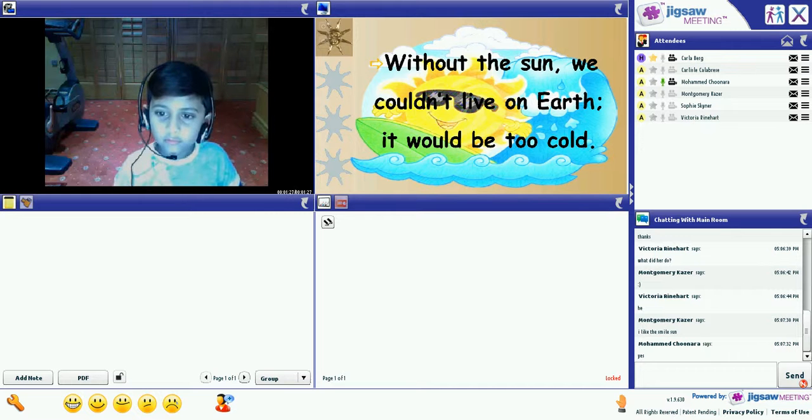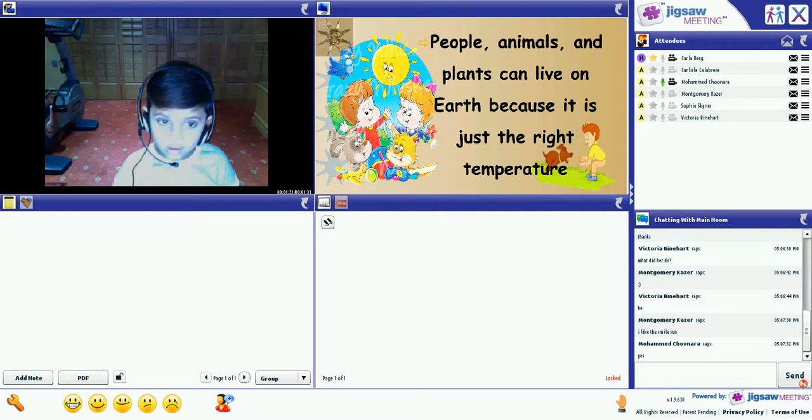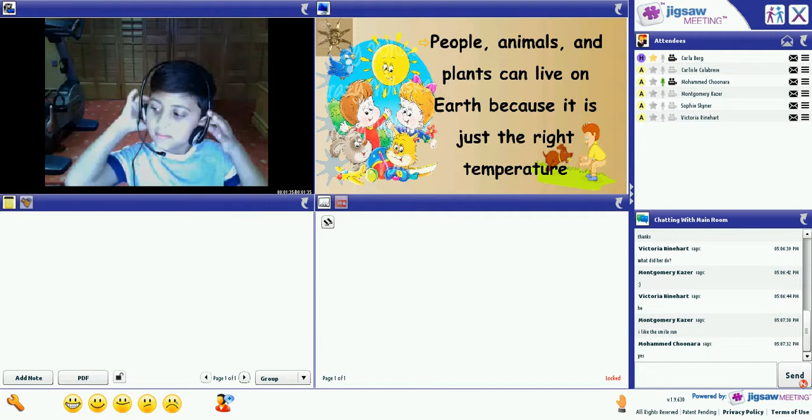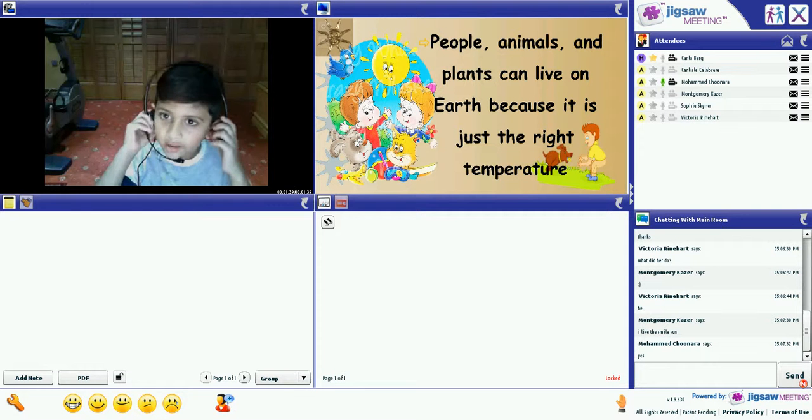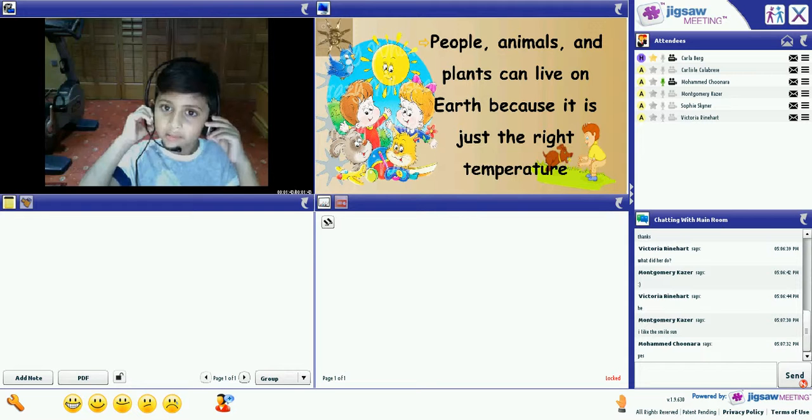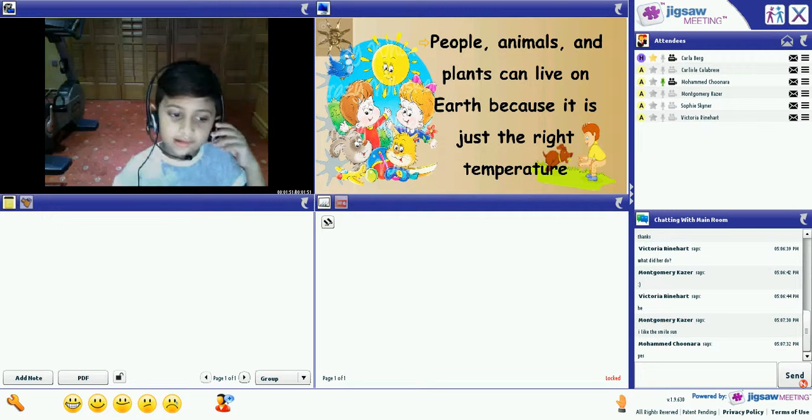Be too cold. People and animals and plants can live on Earth because it's the right temperature.